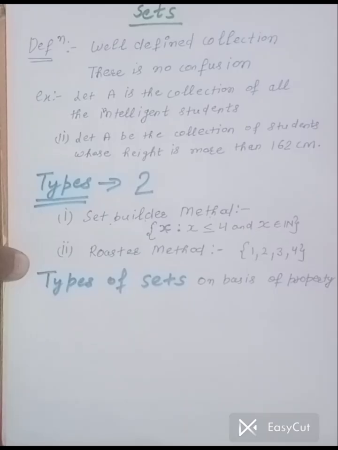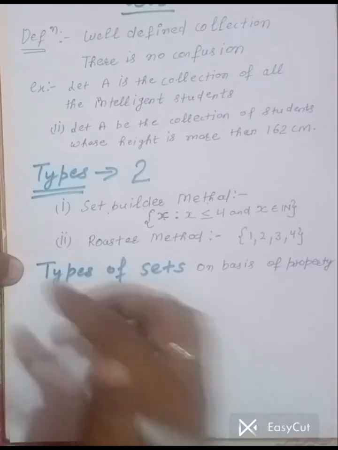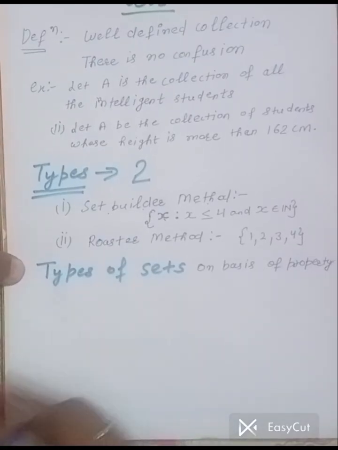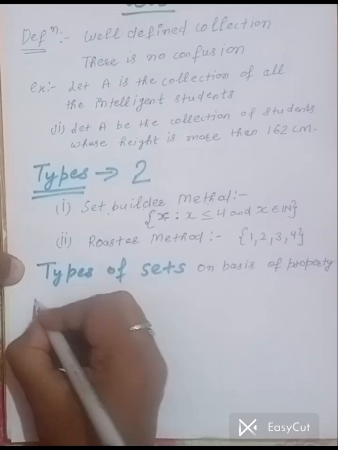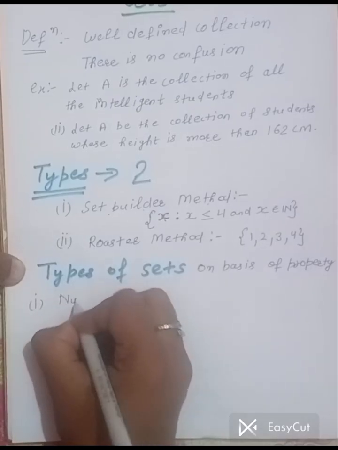So there are a lot of different types of sets. We will discuss one by one. So first is the null set.